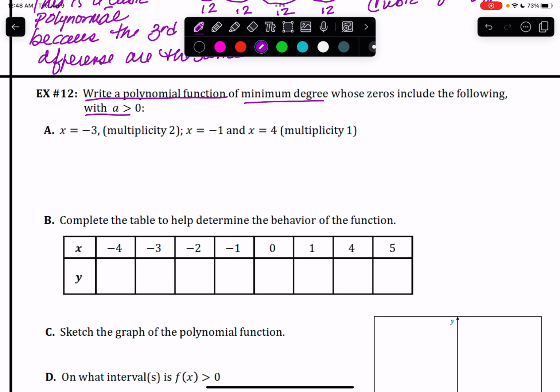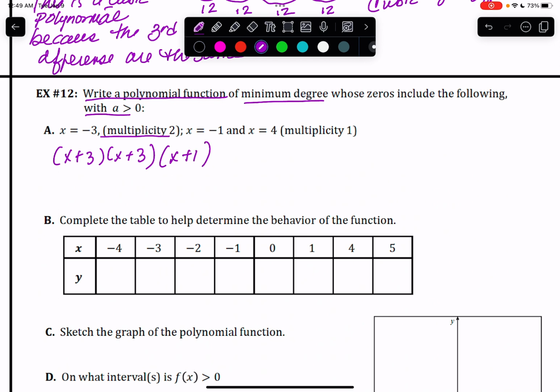We have x equals negative 3, multiplicity 2. So that's a zero. So we have a factor of x plus 3 and x plus 3. Then it gives us x equals negative 1 as a zero, so we would have a factor x plus 1.